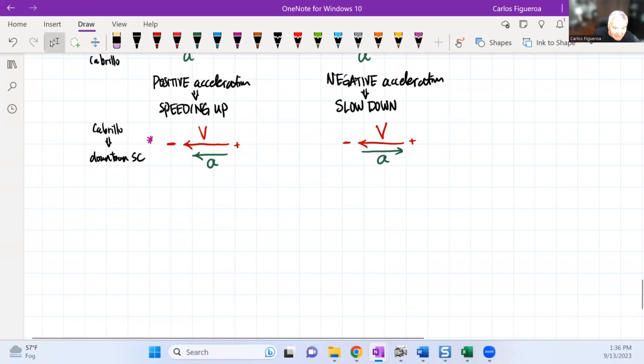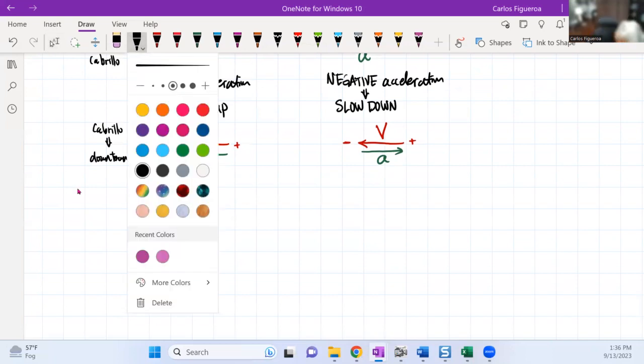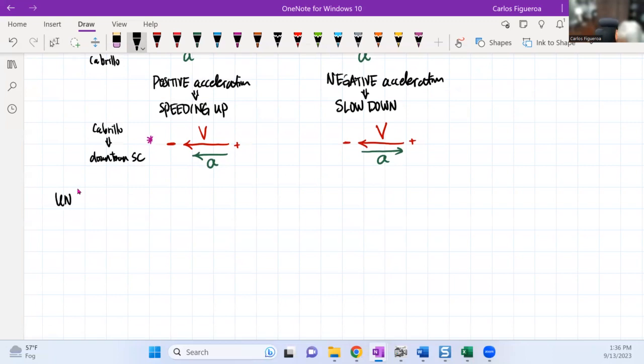So to give you a sense of what I mean by all of this, I want to further emphasize this. To emphasize this, I'm going to look at the units of acceleration. Okay, so let's look at what I mean by positive and what I mean by negative. So here's what we're going to do.